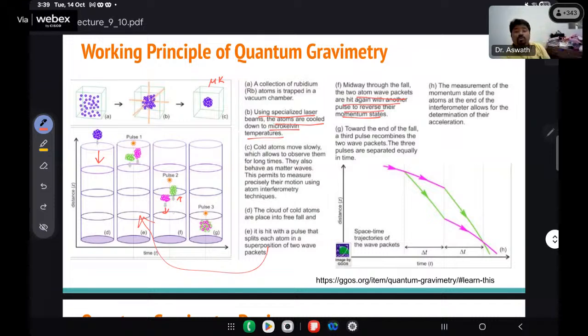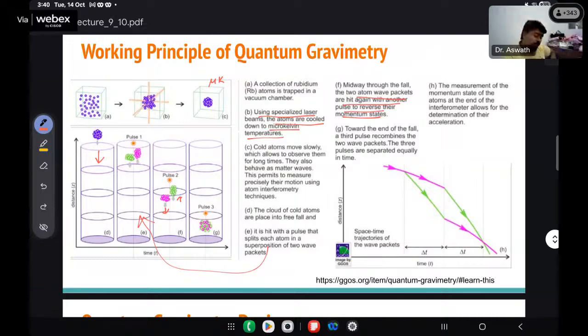Once you do that, the two groups are traveling together, one after the other. Towards the end, we let them fall, and I fire a third pulse onto them, which will combine them. The purpose of combining is that I want to create two different propagation vectors and then ask them to combine.